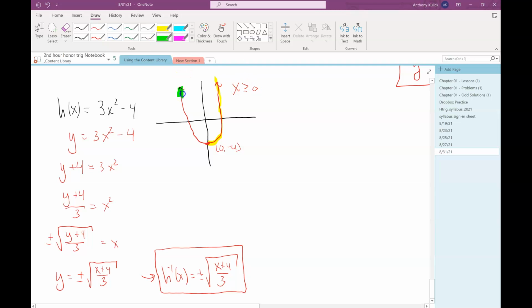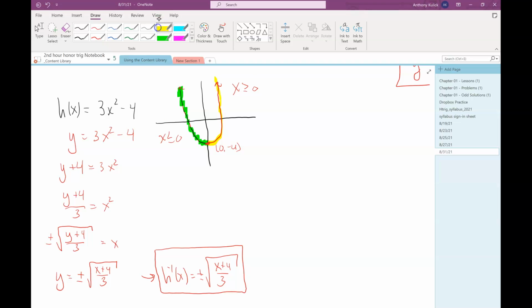Or I could take just the part whose y-coordinates are less than 0. Either would be okay, because by taking just that part of the domain, if I chop everything else off, I now have something that's one-to-one, right? If I lose half of that parabola, everybody see that?